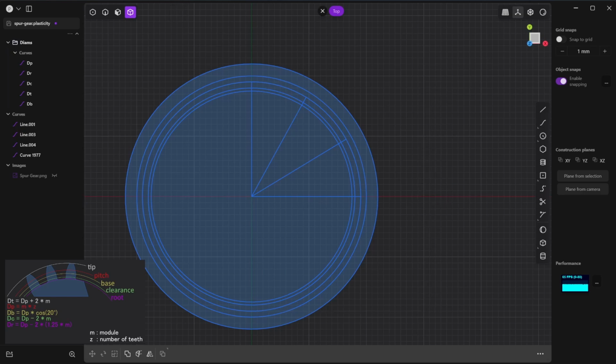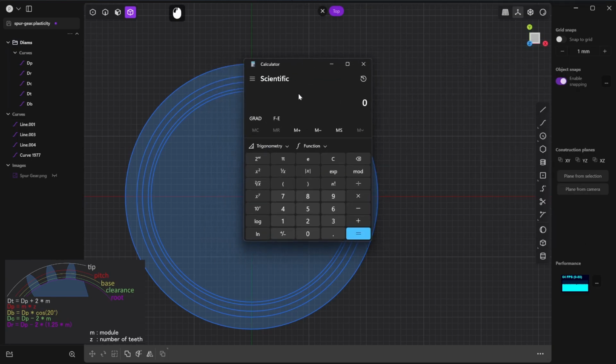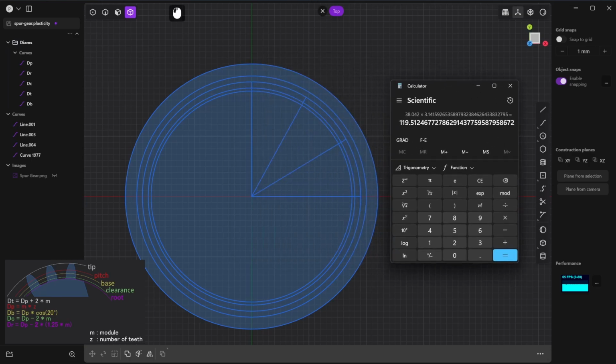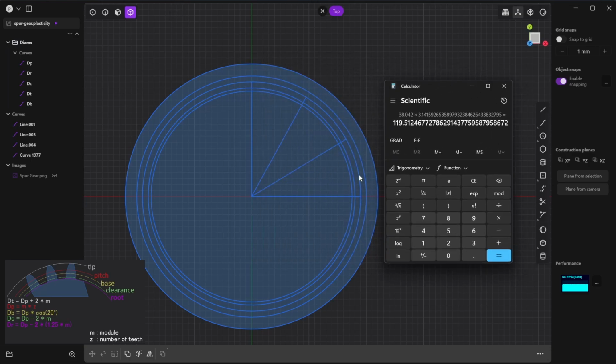Now I'm going to bring back my calculator. So 38.042, this is the diameter. We multiply by pi. And this is going to give us 119.512. This value represents the length of the entire circumference, but we need only 1/4 of it. So we will divide this by 4.